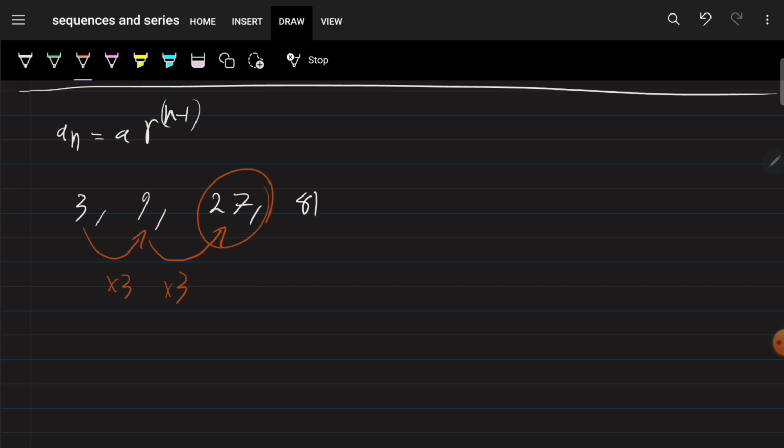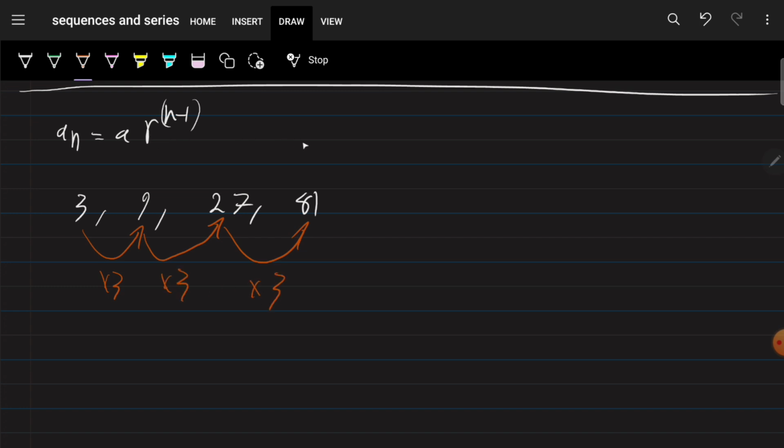Okay, so if we want to find the third term, we would have to multiply the first term by 3 twice. If we wanted to find the second term, we multiply the first term by the common ratio once. So we always have the term we want minus 1, right? We multiply by the common ratio 1 less than the term number we want to find. So if we wanted to find the fourth term, we would multiply by 3 three times, right?